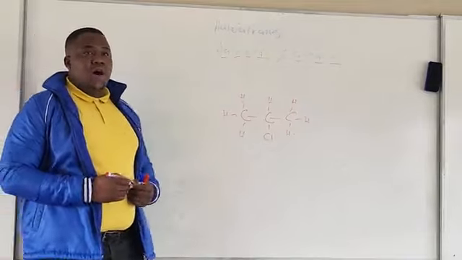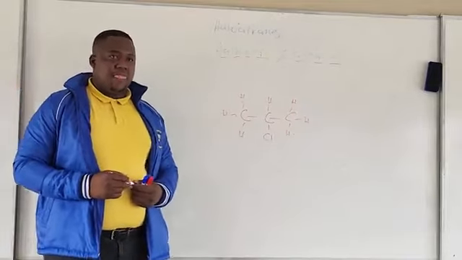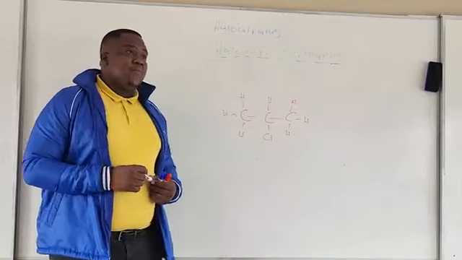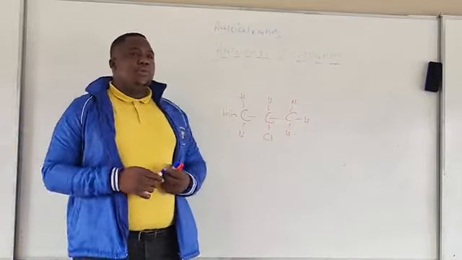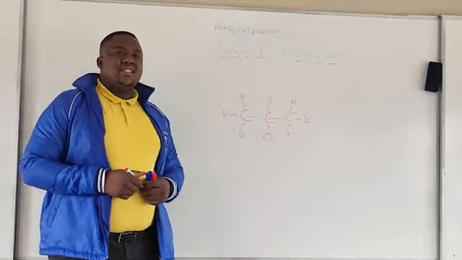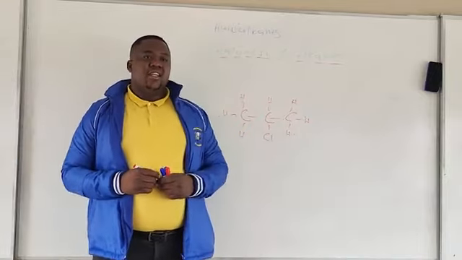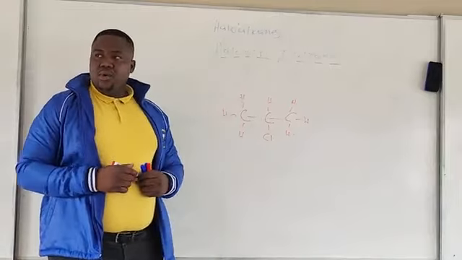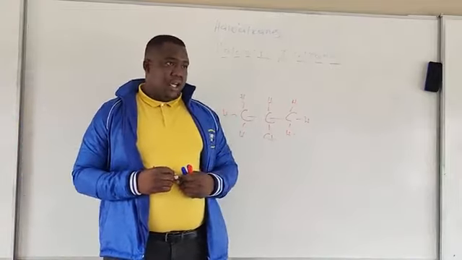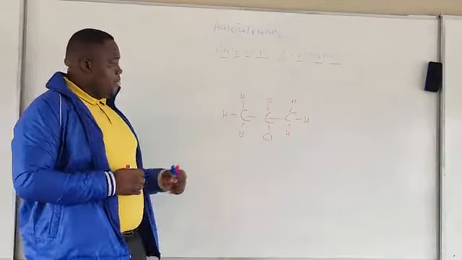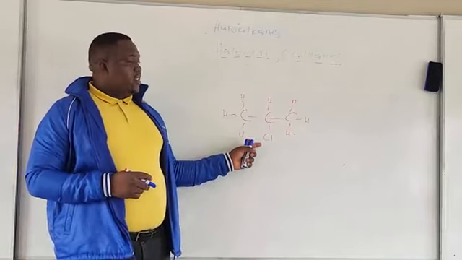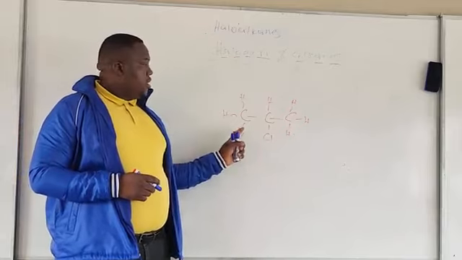So I want to show you how we give the name of this one. According to the exam guideline, an alkyl group should be prioritized over a halogen. It's just that on this one we don't have an alkyl group. So let us give it a name.